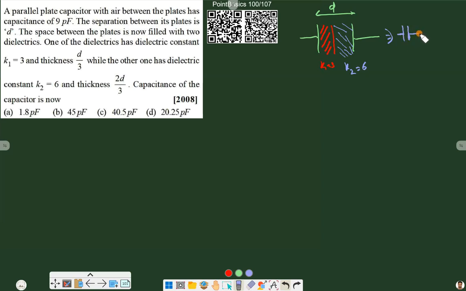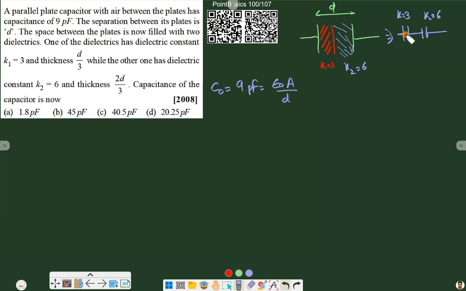This is the first capacitor, this is the second capacitor, with K equal to 3 for the first and K equal to 6 for the second capacitor. Also, the original capacitance is mentioned as 9 picofarad. So C naught is equal to 9 picofarad is equal to epsilon naught A by d.